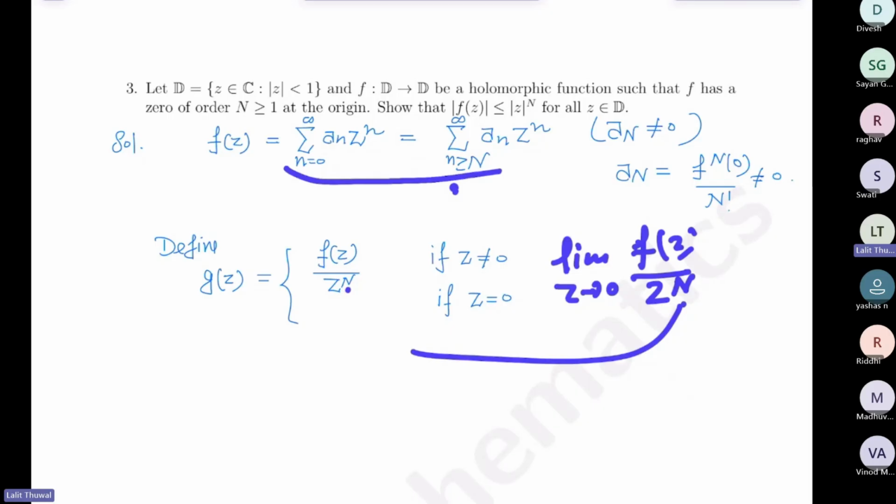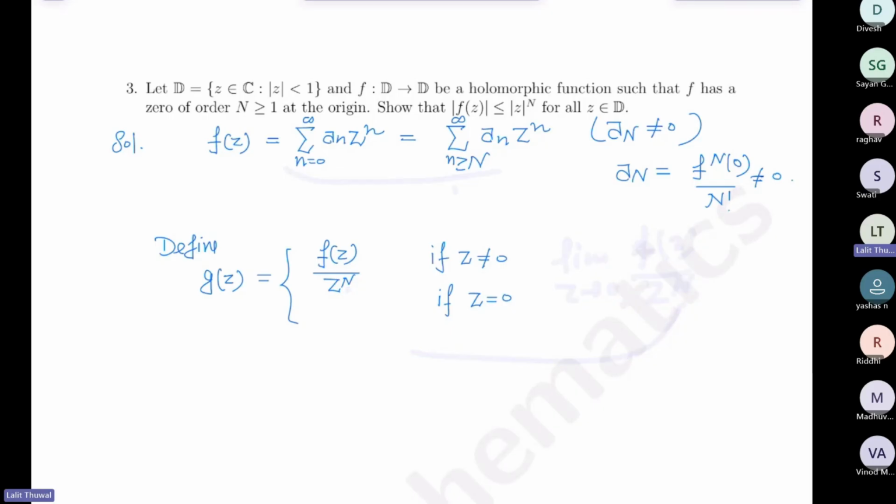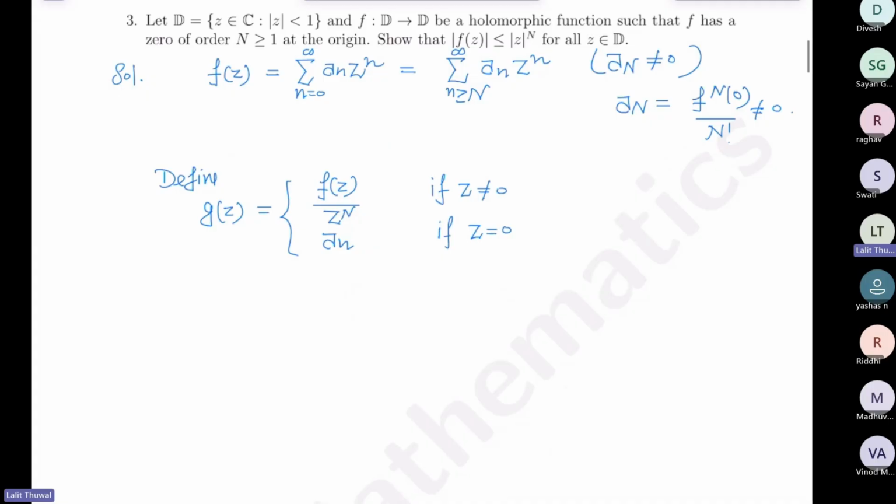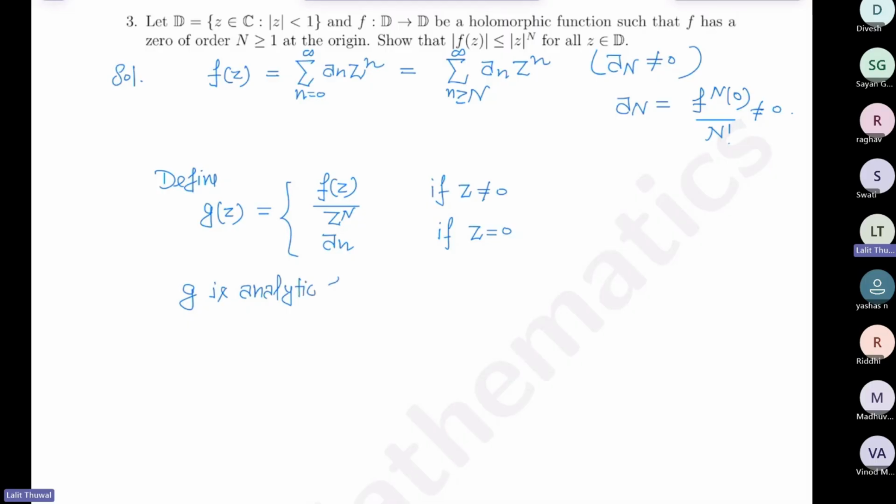Make it interactive, okay? Yes, a_n. Okay, good. And this is analytic. G is an analytic function on D.